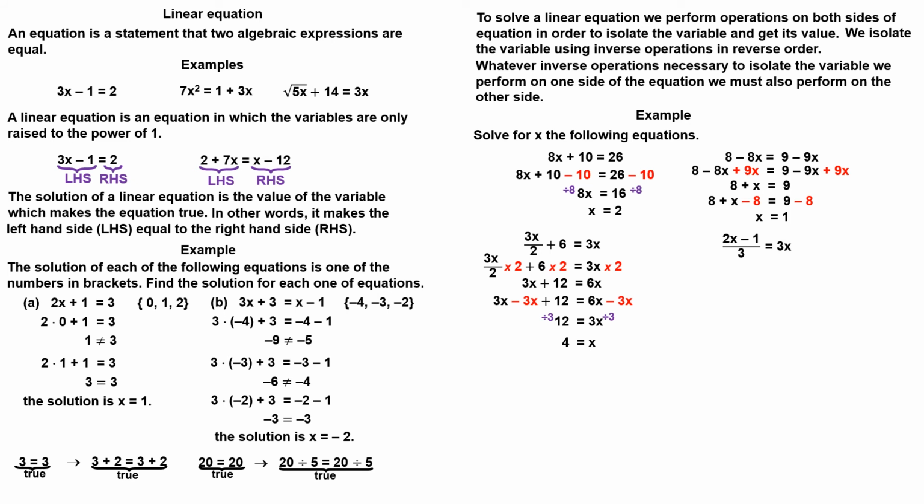Multiply both sides by 3 and simplify. Subtract 2x from both sides. Divide both sides by 7 and simplify.